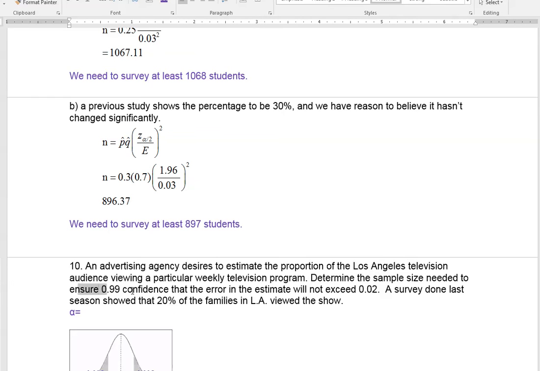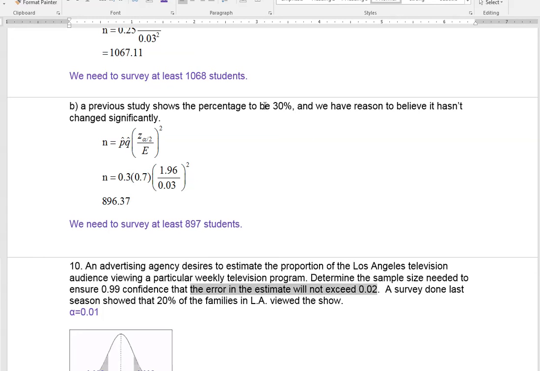So 95% confidence is telling us that alpha is 0.01. So from that we can figure out our z. And this one, we've got the error will not exceed 0.02, right? So within 2% error.